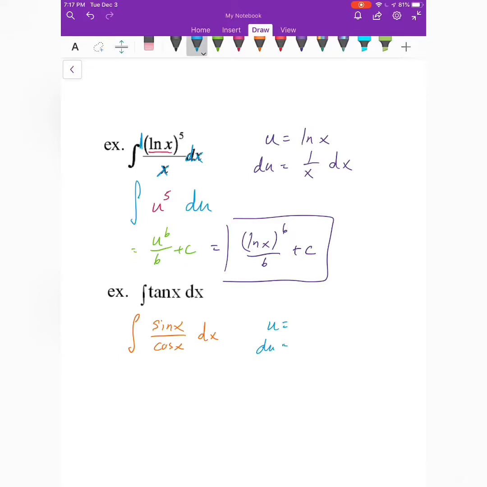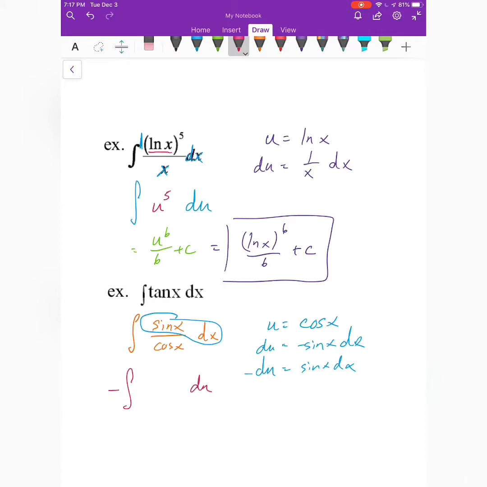Let's say u is cosine x, and as I said earlier, a backup kind of general rule is pick the denominator for your u. It'll help you out because its derivative is negative sine x dx. What's cool is you got sine x dx. You just don't want the negative. So we're going to move the negative over and substitute out. So the sine x dx is coming out and a negative du is going in.